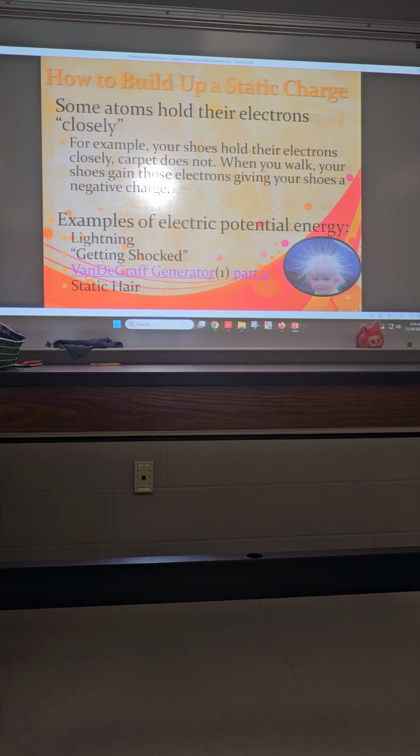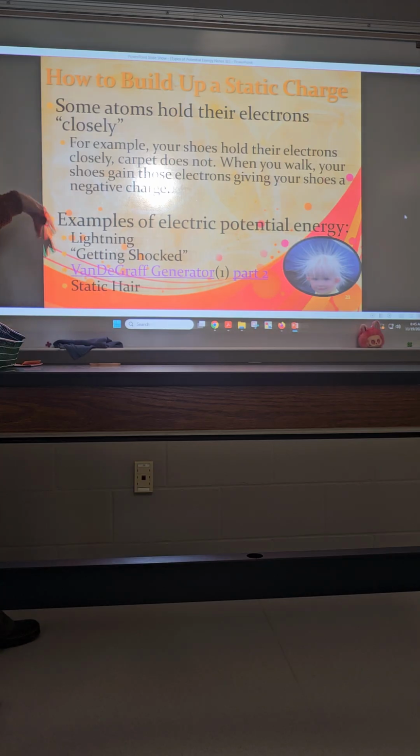Lightning is obviously a huge static shock, while staticky hair or just shocking someone is a small buildup. But lightning is an extreme version of it, with the rumbling and tumbling of those molecules up in the clouds, building up that charge and then eventually discharging in the form of that lightning strike.